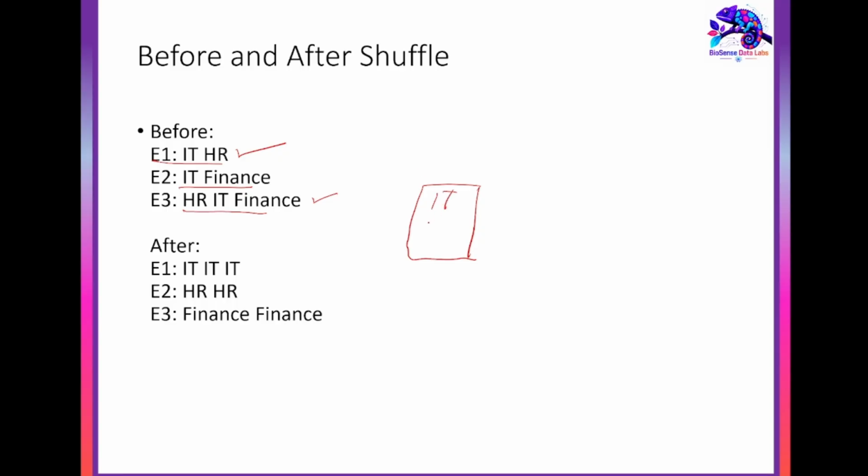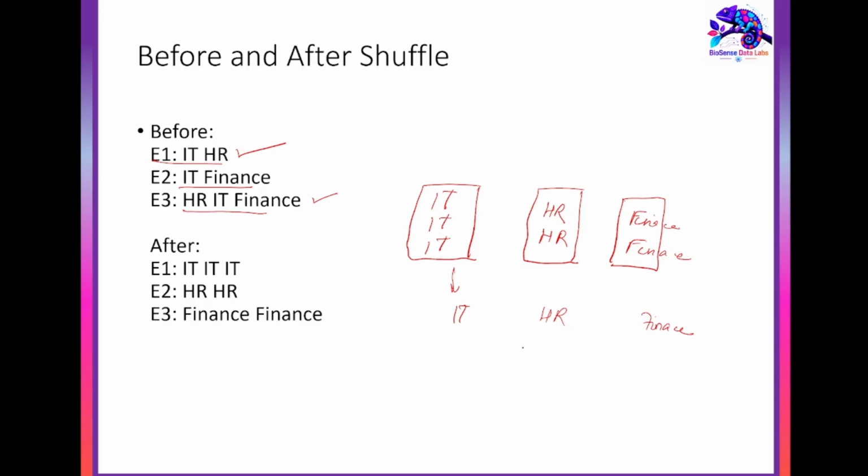So if we have to group by using the department key, then executor 1 will contain the IT records, executor 2 will contain the HR records, and executor 3 will contain finance records. So once this shuffling has been done, Spark can easily do the group by. So this is how shuffling is done, and it is required to perform a few operations.